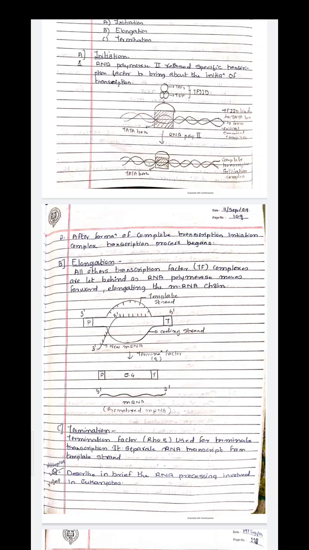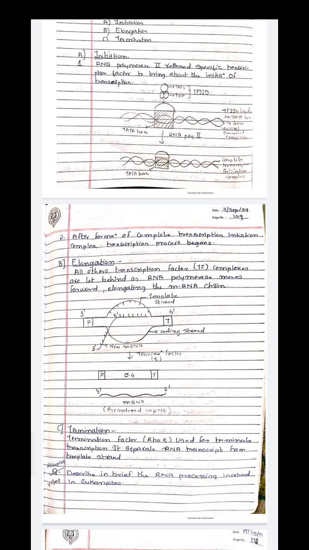So in this figure there is the 3' to 5' DNA strand. At 3' there is the promoter site and T is the terminator site. In that there is the template strand. On this template strand the synthesis of the mRNA will start.